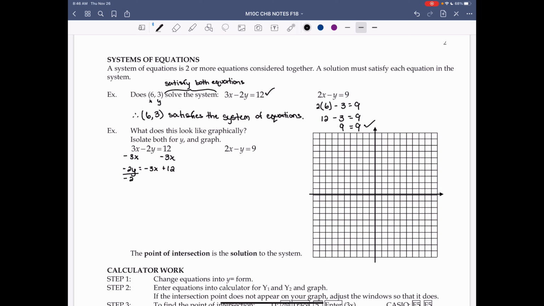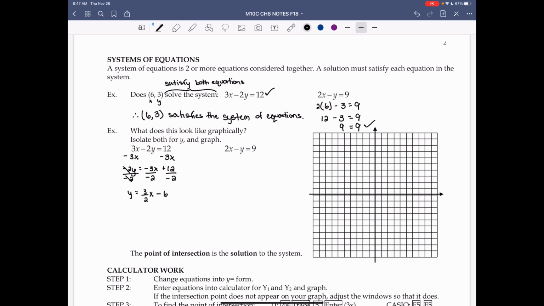Divide by negative 2, and do that to all of the terms. Negative 2 divided by negative 2 is positive 1, so I get y equals negative 3 divided by negative 2. A negative divided by a negative divides out, so we get positive 3 over 2x, and then 12 divided by negative 2 is negative 6.